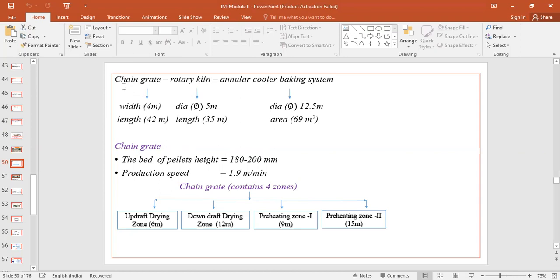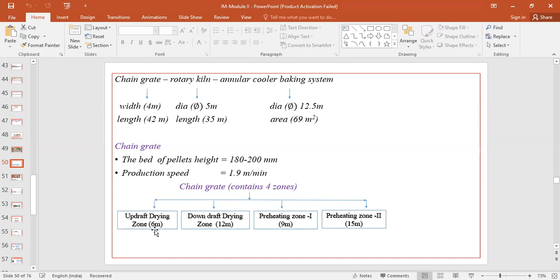And this grate is again divided into 4 zones: the updraft drying zone, downdraft drying zone, then preheating zone 1, preheating zone 2.